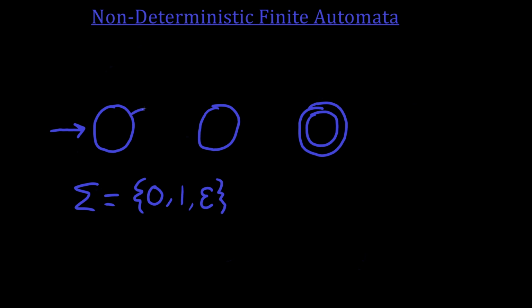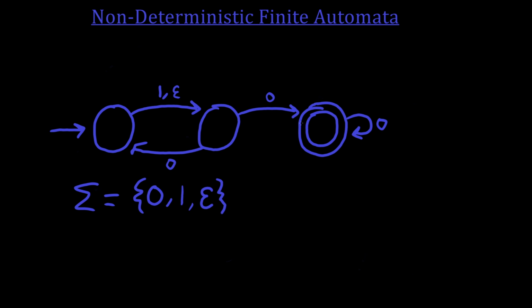So I'll draw in a transition on the character 1 here, a transition for the character 0 here, a transition for the character 0 here, and let's also say we can transition on epsilon on this transition, and let's say we can transition on 0 here.